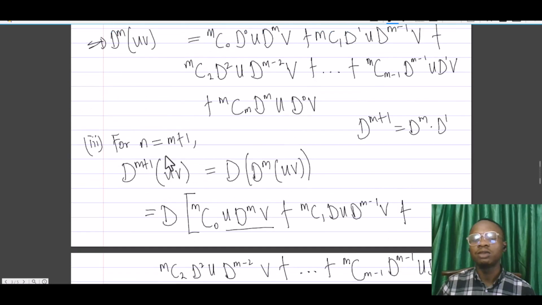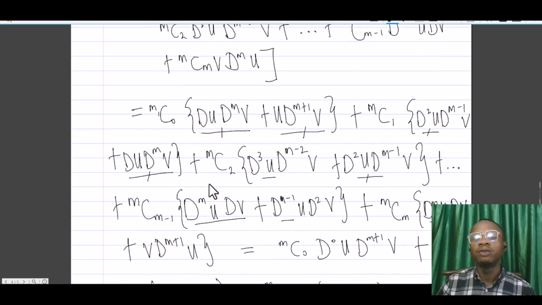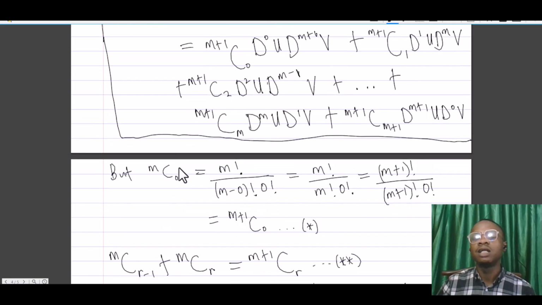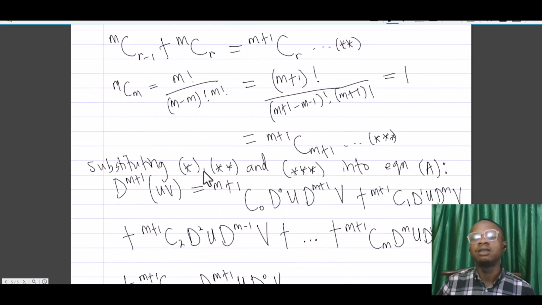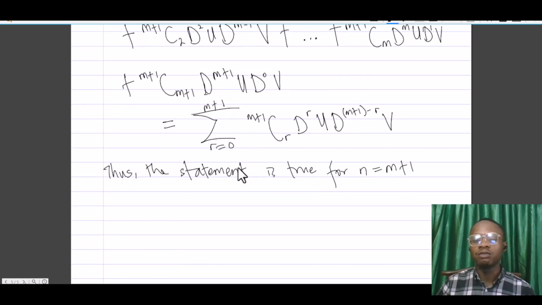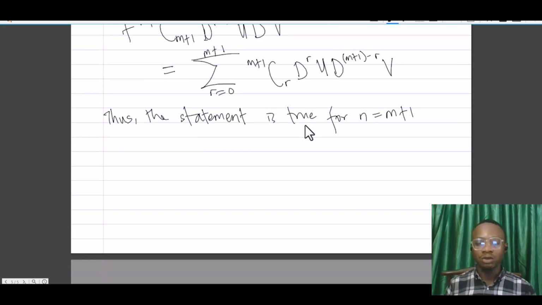Making use of the result above, we operated on it normally, we obtained this result, and we're able to verify that this result is the same as what would have been given if we applied Leibniz's formula directly. So that's what we've done here. So I've been able to see that the statement is true for n equal to m plus 1.